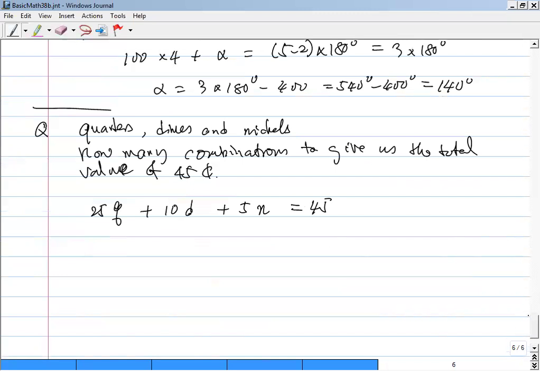So what you can do is begin with Q. How many choices for Q? Q has only 3 choices. First, Q equals 0, no quarters. Then 10d plus 5n equals 45, and you don't have many choices because d equals (45 minus 5n) divided by 10.